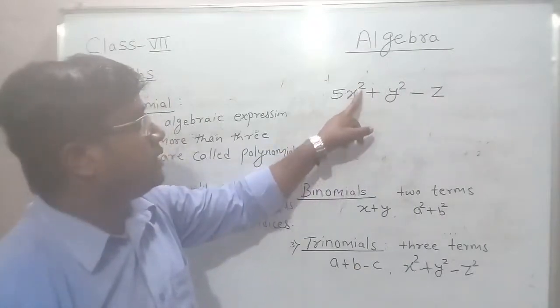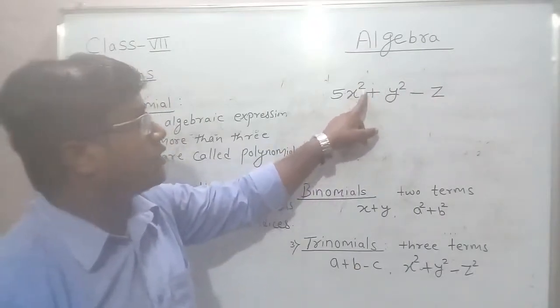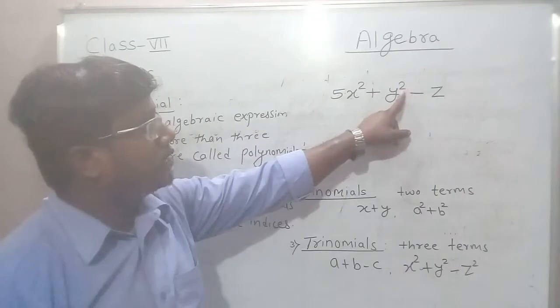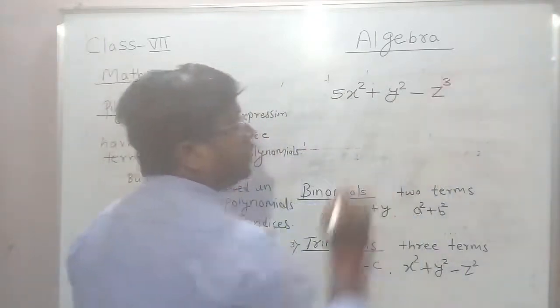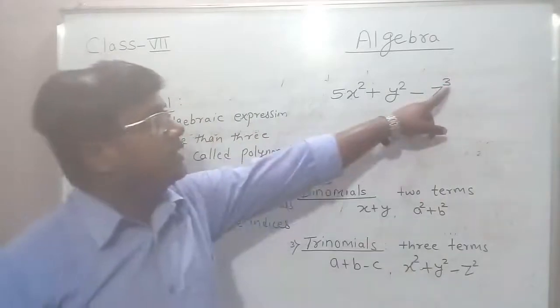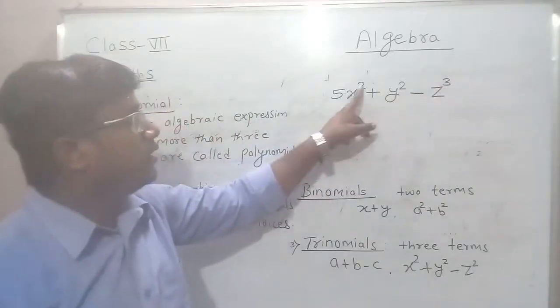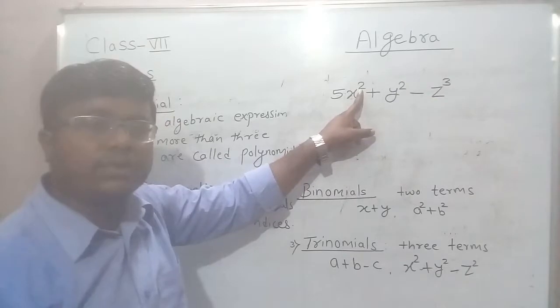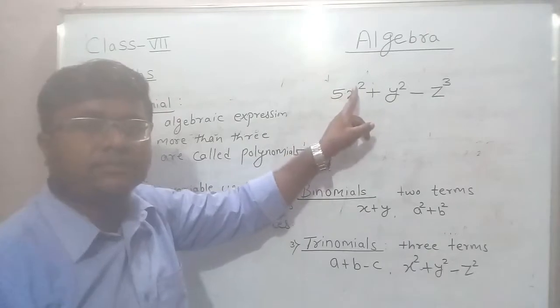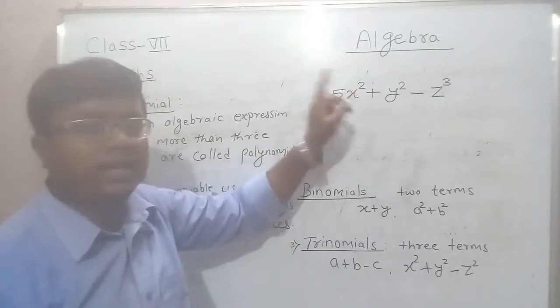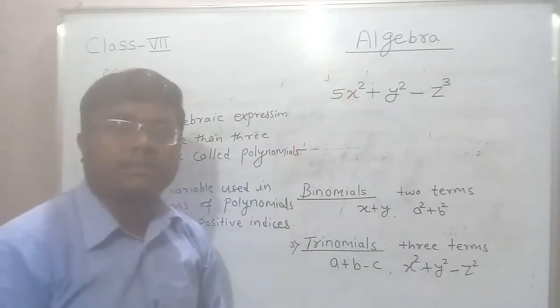Here x square, the power is 2, y square, the power is 2, minus z cube, the power is 3. This power must be a positive whole number. It may be 0, but it may not be negative or fractional.